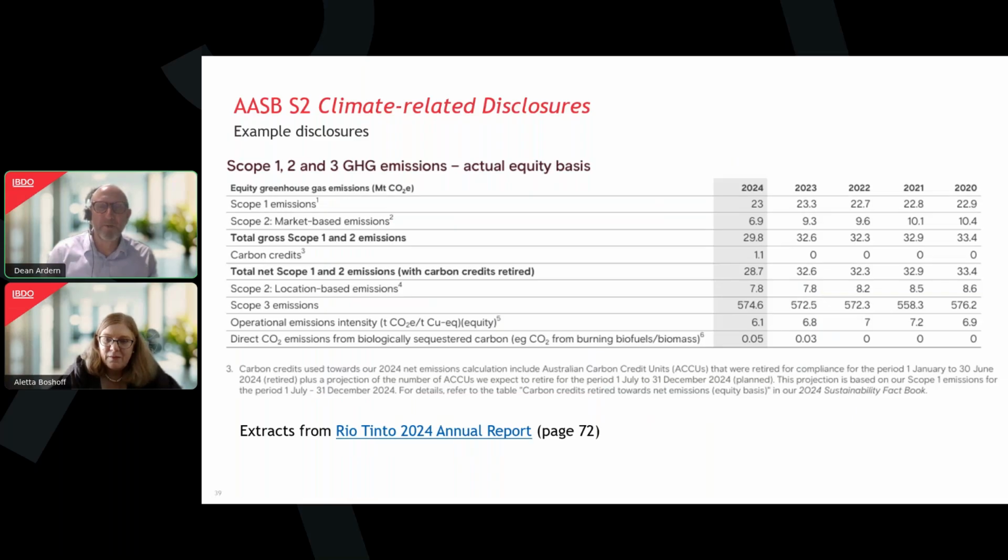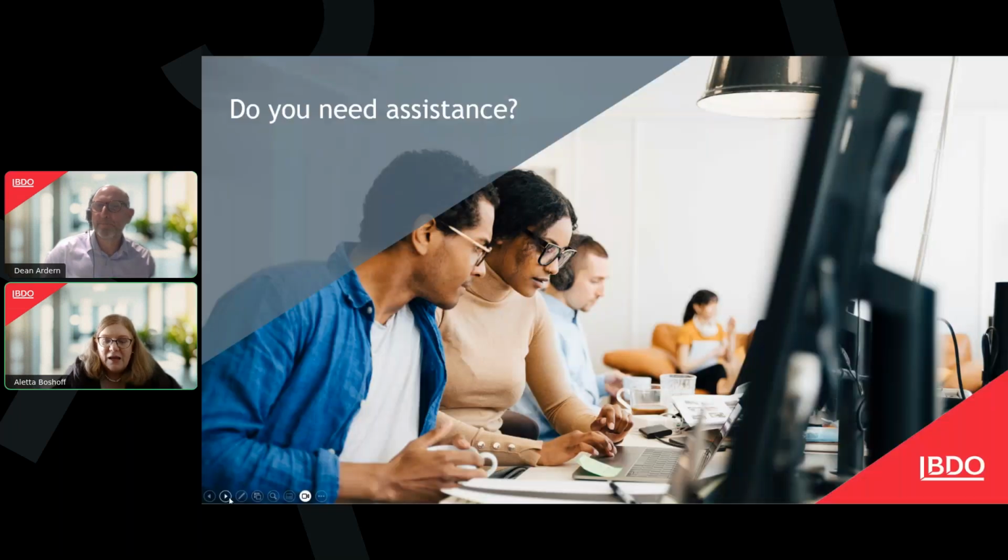I had a quick look through their financials, saw that table, and thought, that's a good little table to start with. But as Aletta says, obviously this is not necessarily S2. It's just giving you an indication of what it might look like under the circumstances. But good on Rio Tinto for having a go at it. And it's a voluntary disclosure which is useful to the users. So absolutely good, but not AASB 2.